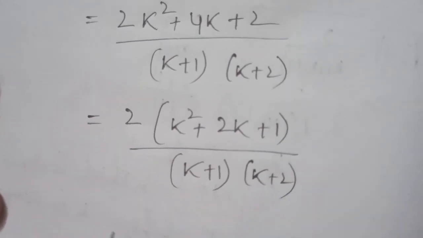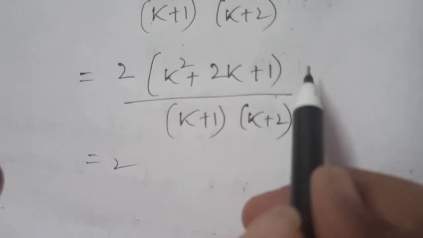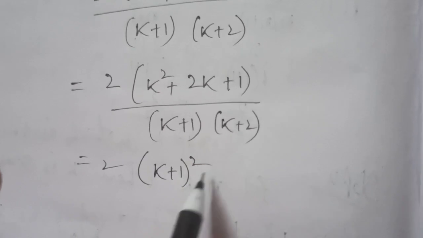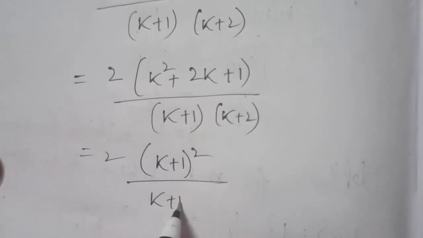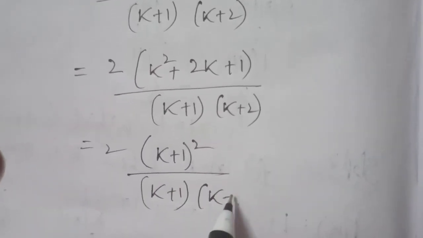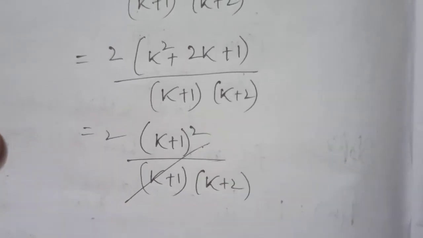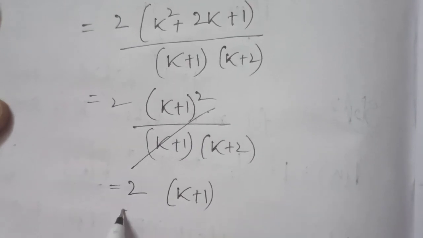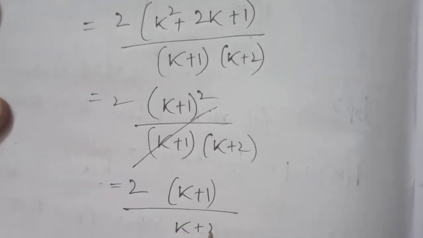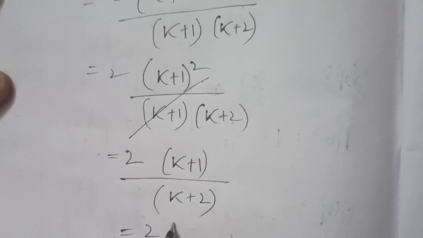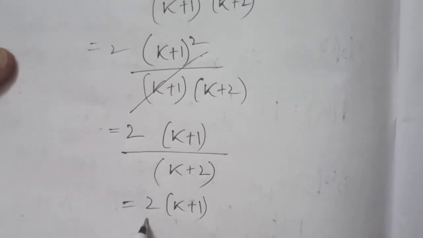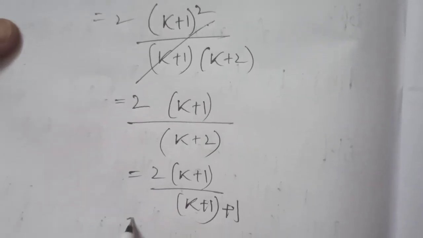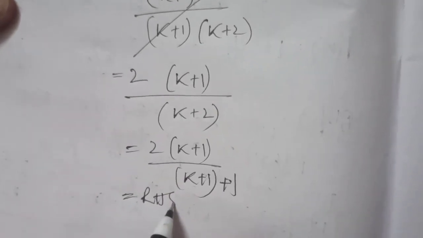Here, by using the a plus b whole square formula, this becomes k plus 1 whole square by k plus 1 into k plus 2. One factor gets cancelled, then it becomes 2 into k plus 1 by k plus 2. The same I can write as 2 into k plus 1 by k plus 1 plus 1, which is your RHS, hence proved.